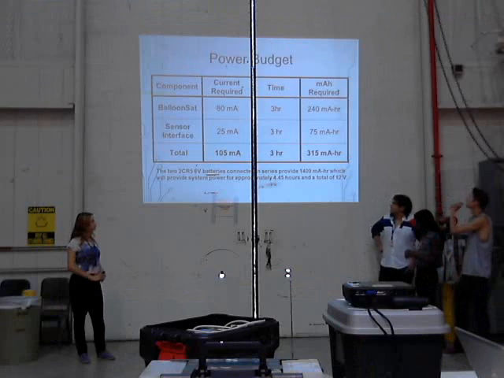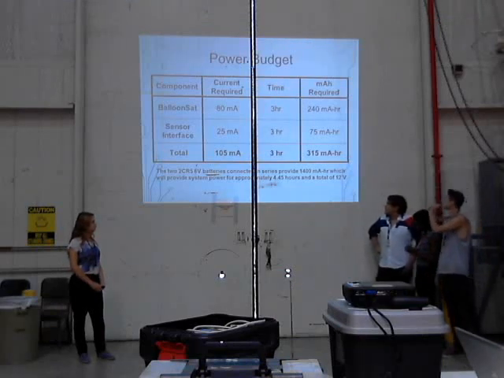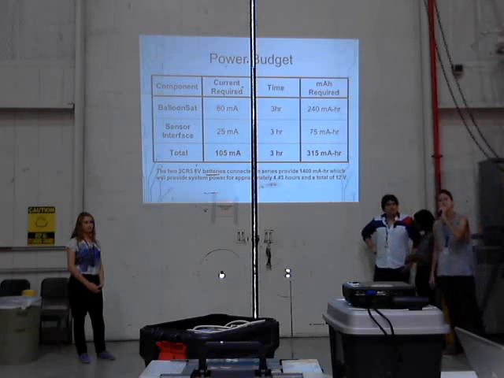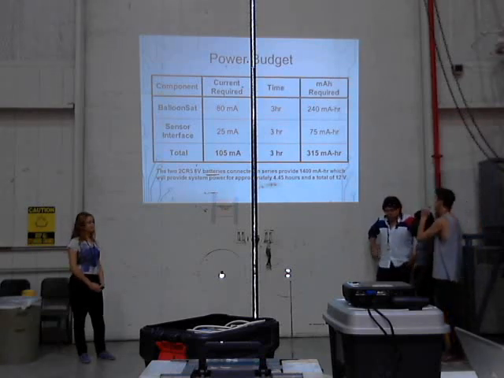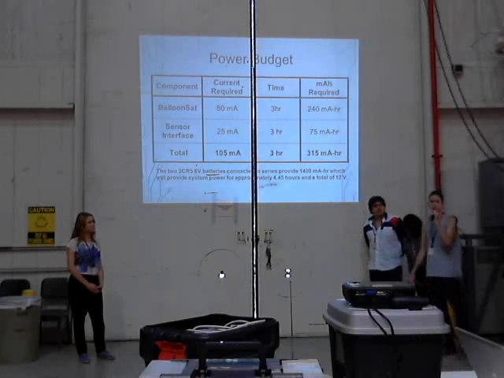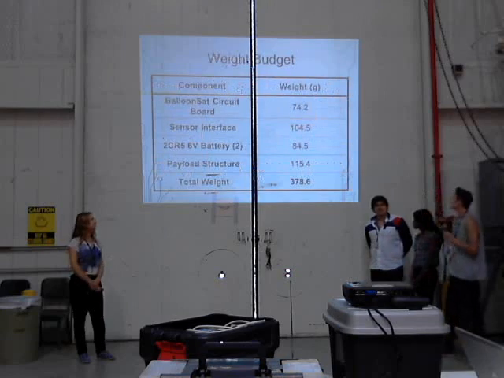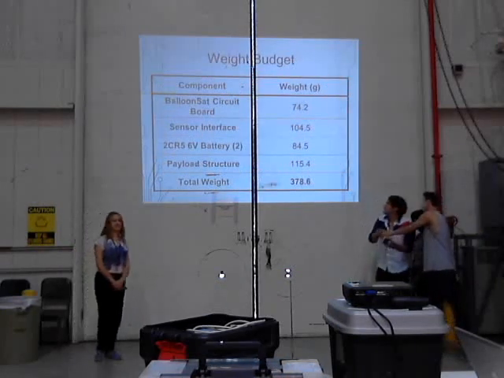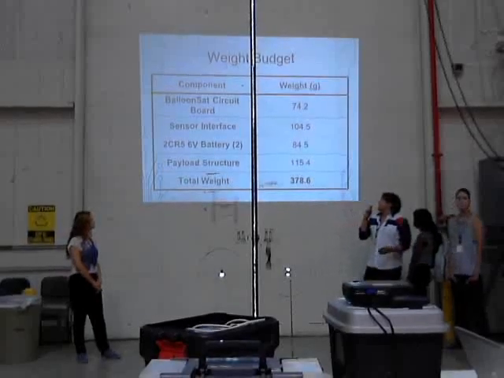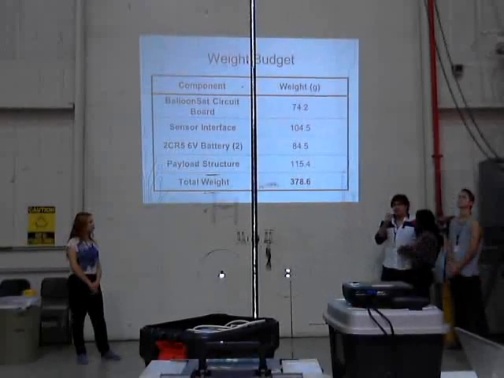We have 240 milliamp hours for the BalloonSat and 75 milliamp hours for the interface, for a total of 315 milliamp hours. And over the course of the flight, we'll be putting out 12 volts of power.